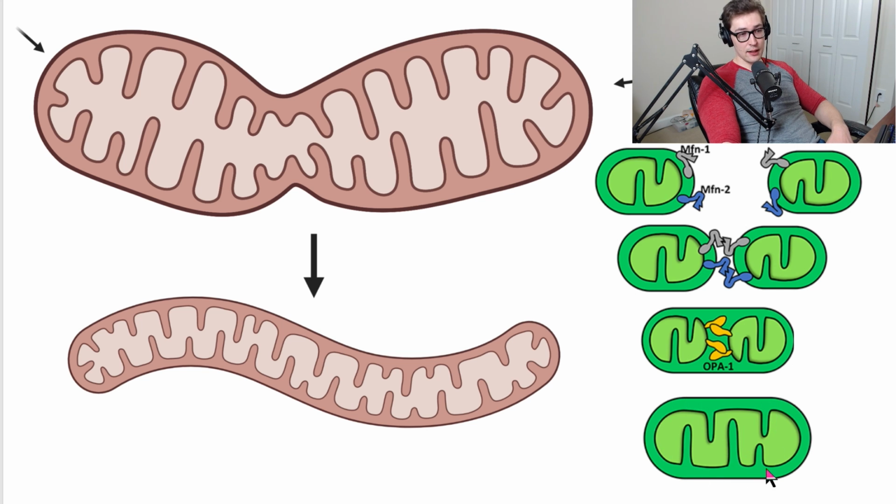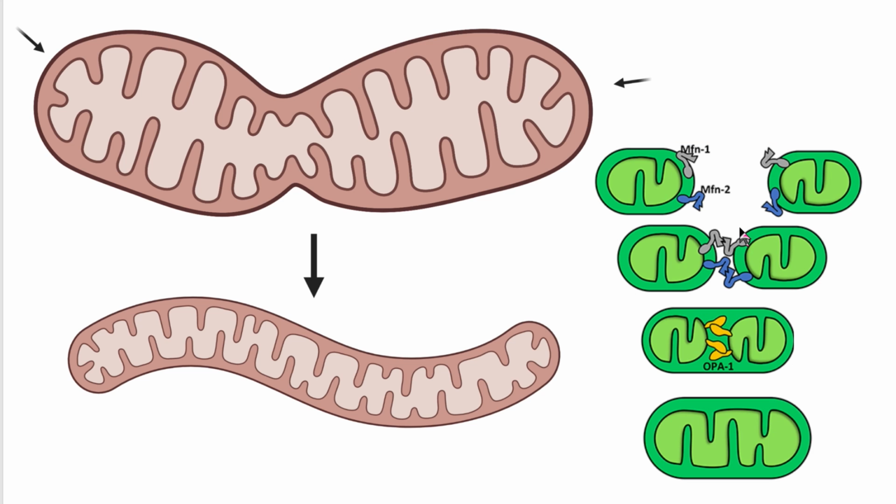And then you have a longer, larger mitochondrion as a result. That's exactly what we find with fusion, and it's largely based on these two types of proteins: MFN being on the outer membrane and OPA being on the inner membrane.